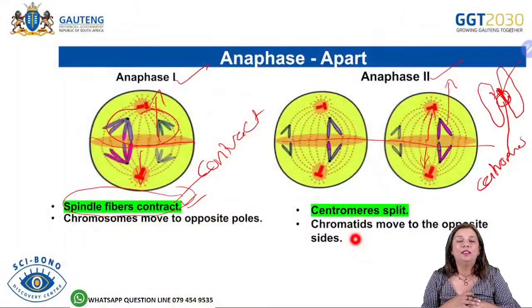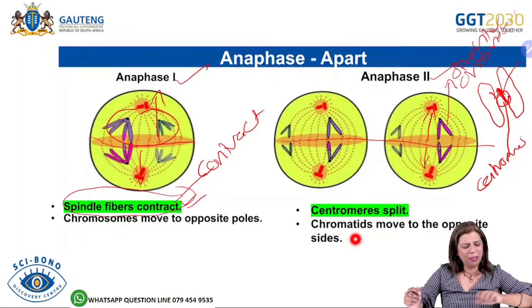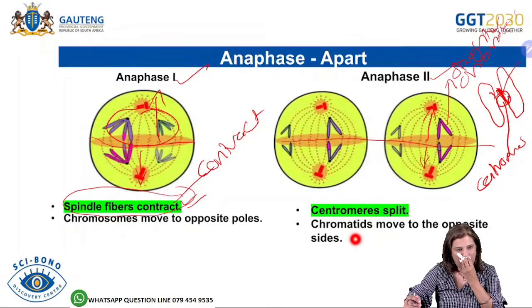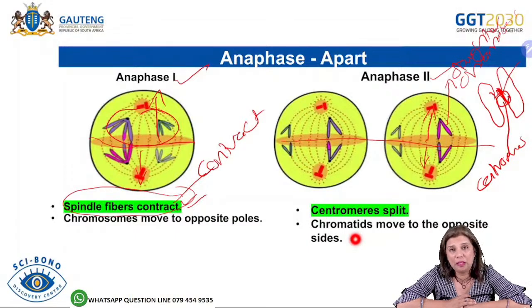So we call them daughter chromosomes. We've come across quite a bit of terminology: replicated, unreplicated, sister chromosomes, and now daughter chromosomes.